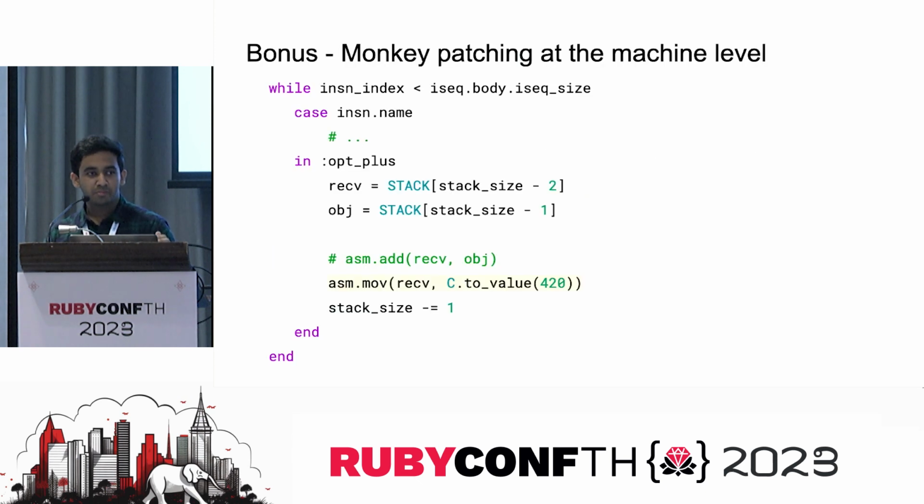If you remember the opt plus instruction, where we were putting the sum onto our registers, instead of doing that, I just move 420 onto our registers, and so every time you add some value, all you get is 420. So this way you can monkey patch at the machine level. So it's blazingly fast monkey patching.